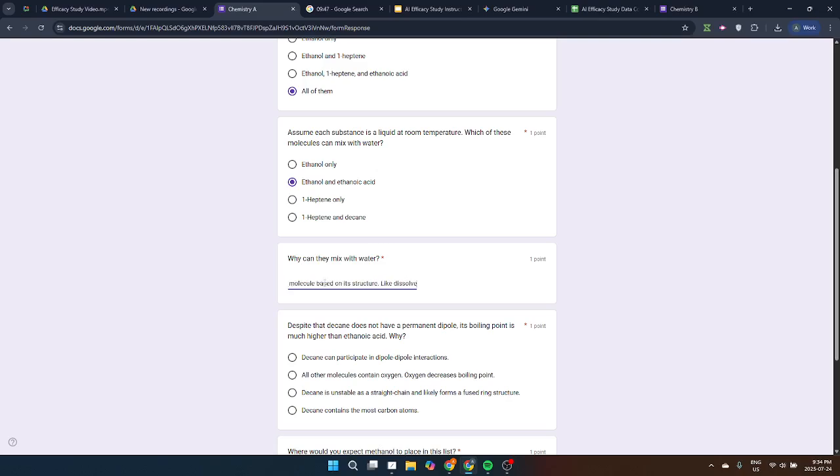Like dissolves like. So these two polar molecules successfully mix with water.